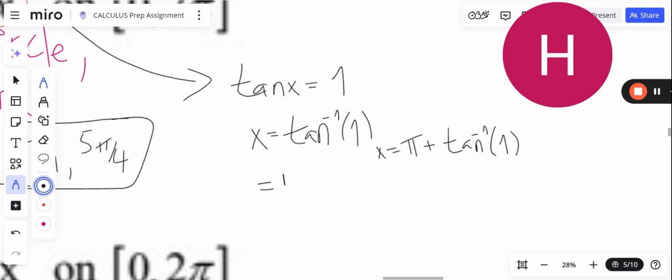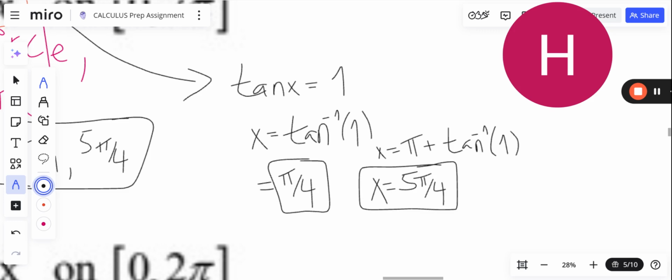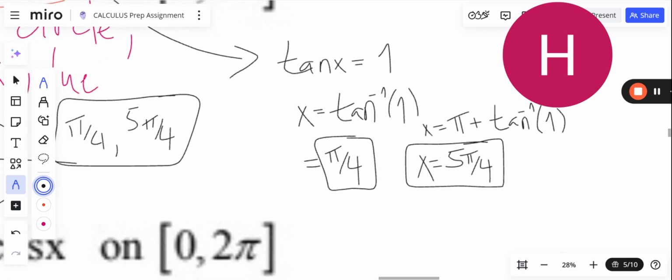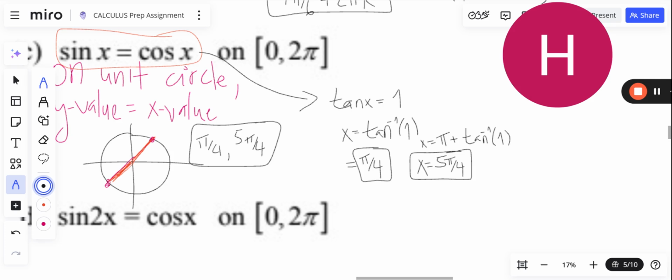So our calculator would tell us pi over 4. If we were looking at tan inverse as a function, that's what I mean when I say the calculator would tell us. I'm not suggesting you should use a calculator for these problems. These ones were given with values that are nicely represented on the unit circle. So we have pi over 4 and 5 pi over 4.